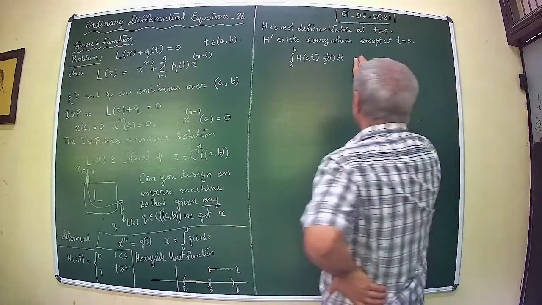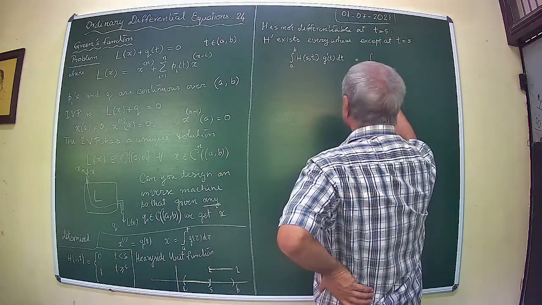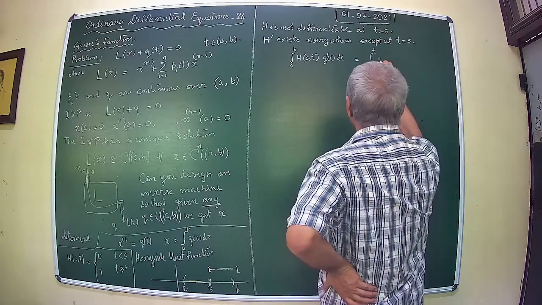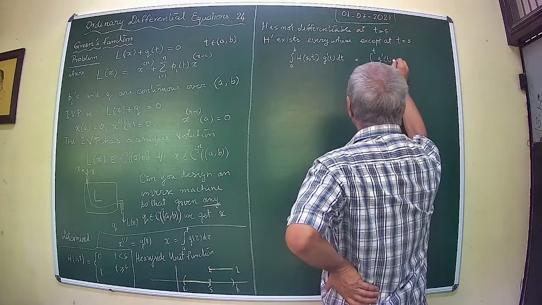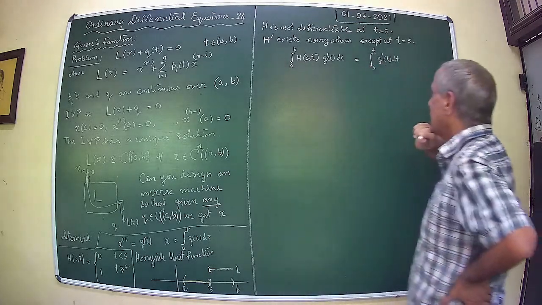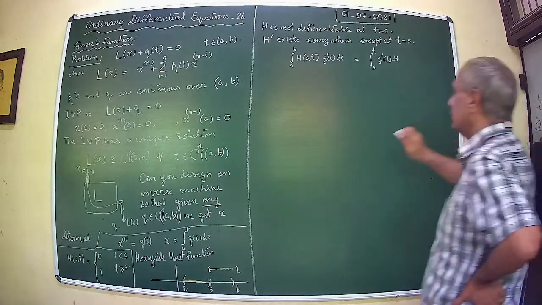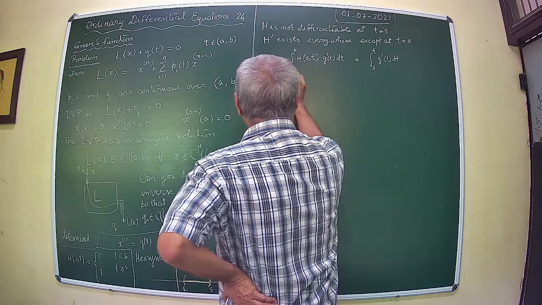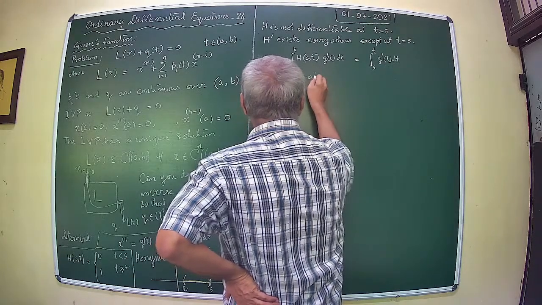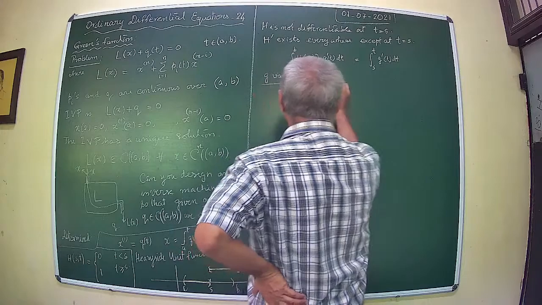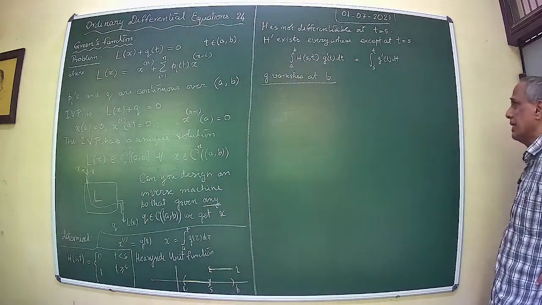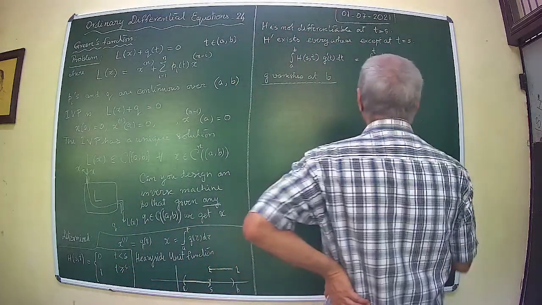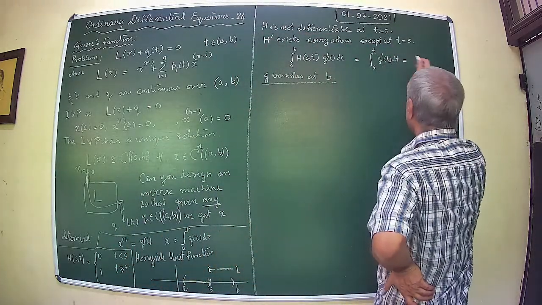So this is equal to the integral from s to t. We assume that g vanishes at b. This is just for convenience. Otherwise, it doesn't matter. You will get some number coming out. But this is equal to what?